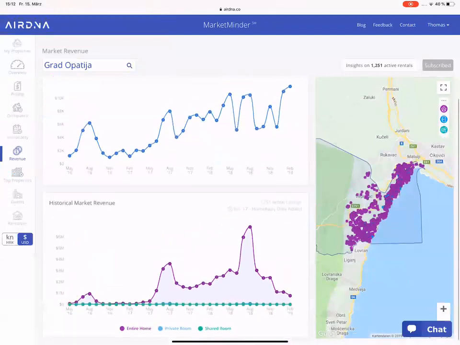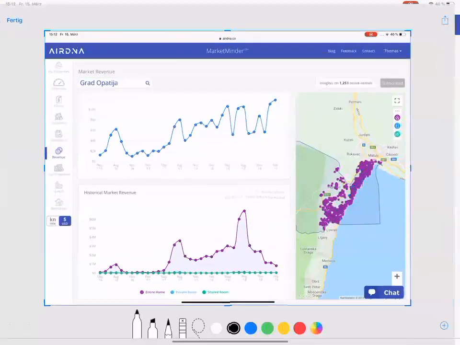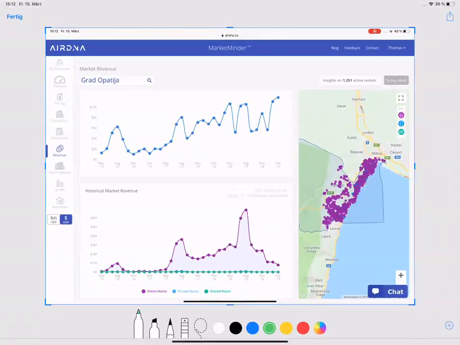And also what you can see here is the historical market revenue. So all over the area you're looking at, what is the revenue that has been generated? And there's a very steep growth from 1,251 listings. In summer 16, there was about 1 million being rented out in August.